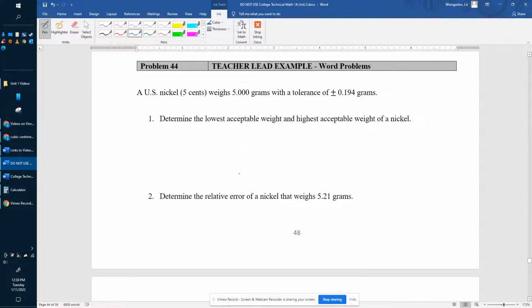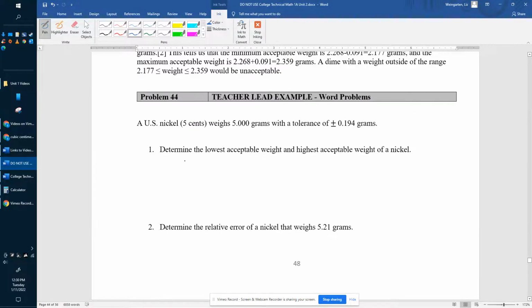So let's take a look at these US Mint examples. A US nickel, 5 cents, weighs 5 grams with a tolerance of plus or minus 0.194 grams. What's the lowest acceptable weight and the highest acceptable weight? So this just means the highest acceptable weight is going to be 5 grams plus 0.194.